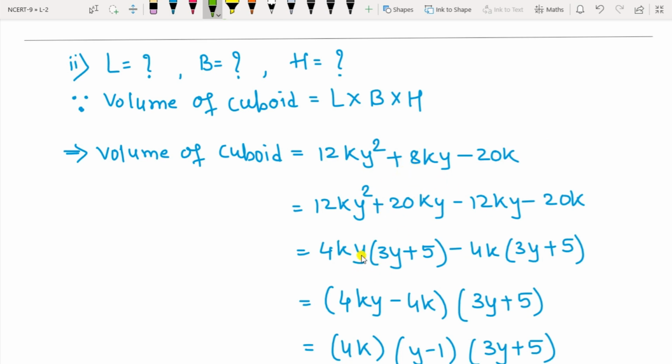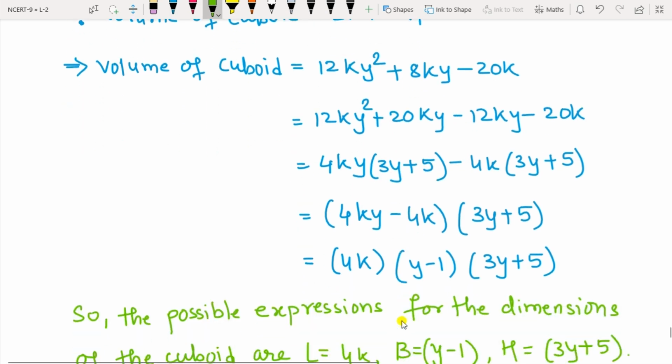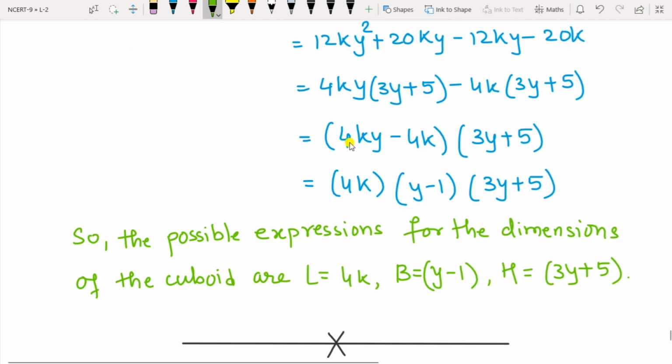Take out common, you will get 3y plus 5 as one bracket and 4ky minus 4k as another bracket. From this bracket again take out 4k as common, so you will get y minus 1 and this is 3y plus 5. So this is L into B into H. L will be 4k, B will be y minus 1 and H is 3y plus 5. So this is the volume and its dimensions.